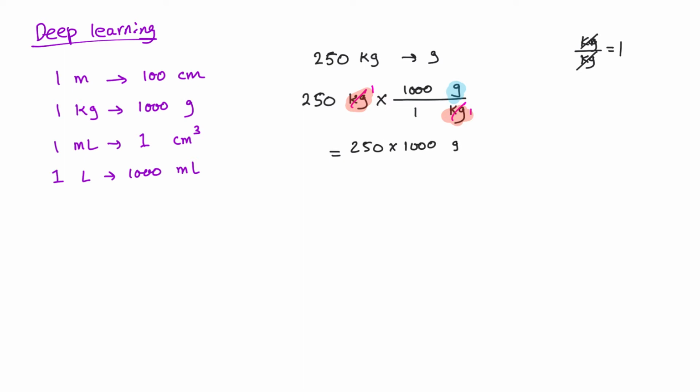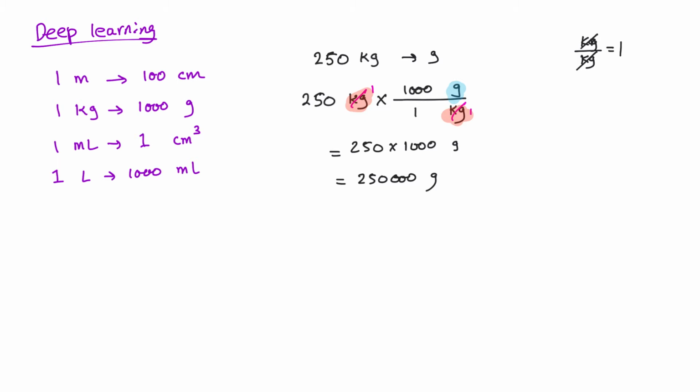And there's no denominator here, no denominator here, so that means the denominator is 1. You can divide this by 1, but you don't, everything divided by 1 is itself, so I don't have to write that. And I'm finally left with 250,000 grams, and that is my conversion. So that's converting something from kilograms into grams.